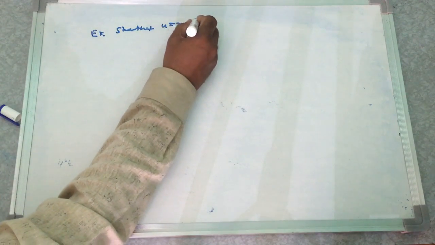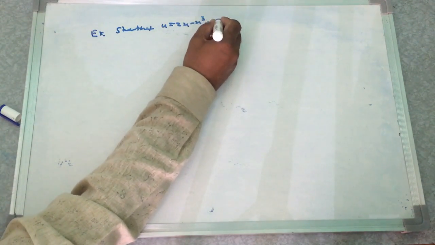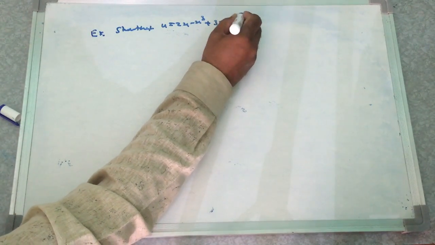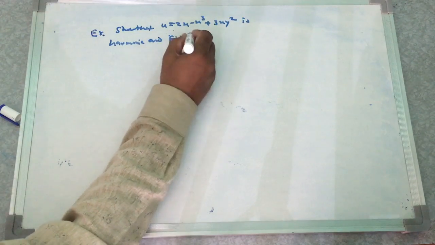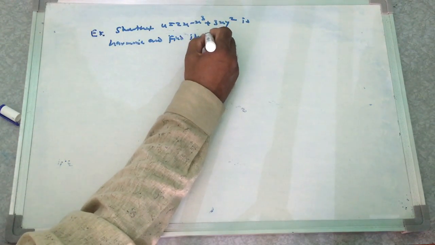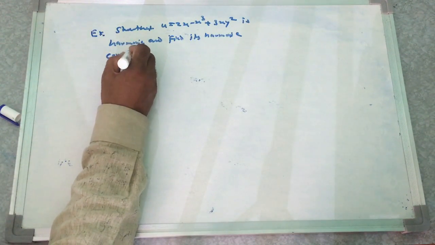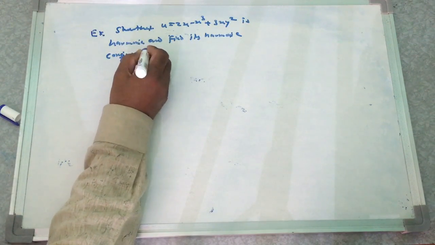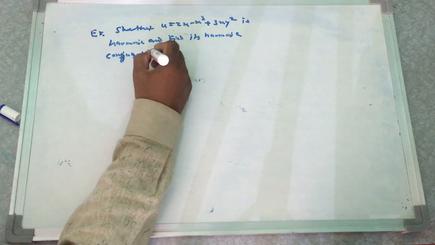So again, we have some examples here. Show that u is equal to 2x minus x cube plus 3xy square is harmonic, and find its harmonic conjugate function.